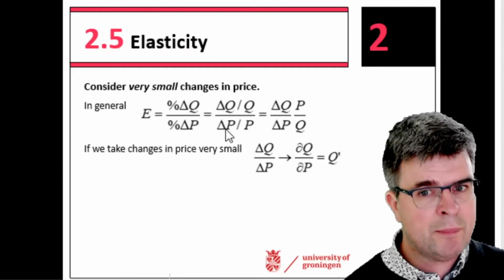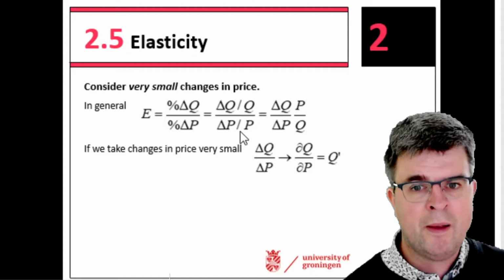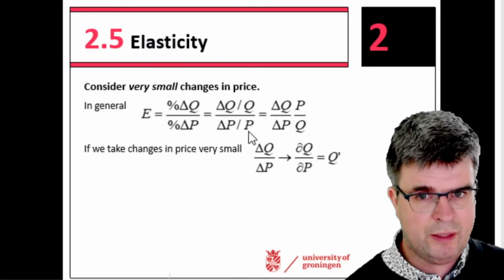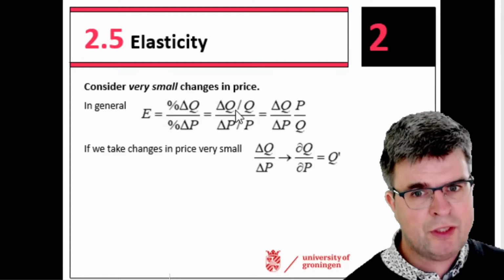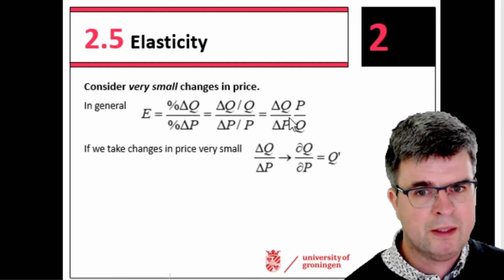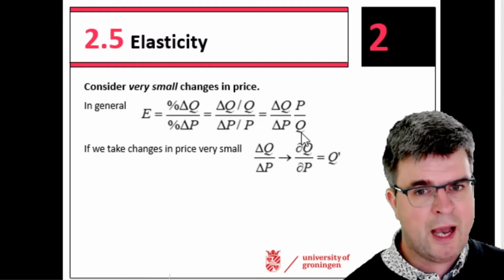And we divide by the change in price, being $10 for our example with the oil, over the original price, which was 50. This is the definition of the elasticity, which we can rewrite as delta Q over delta P times P over Q, where P is the original price and Q is the original quantity.